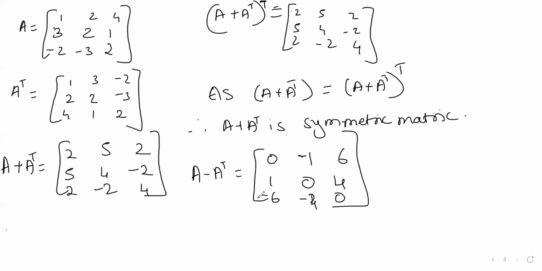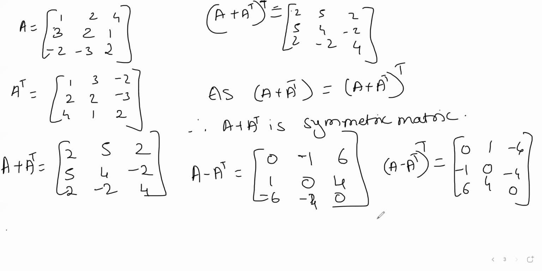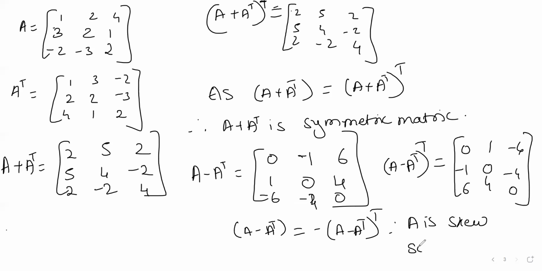If I take the transpose of A minus A transpose, it becomes 0 -1 6, 1 0 4, -6 -4 0. So A minus A transpose is minus of (A minus A transpose) transpose, and therefore it is a skew symmetric matrix.